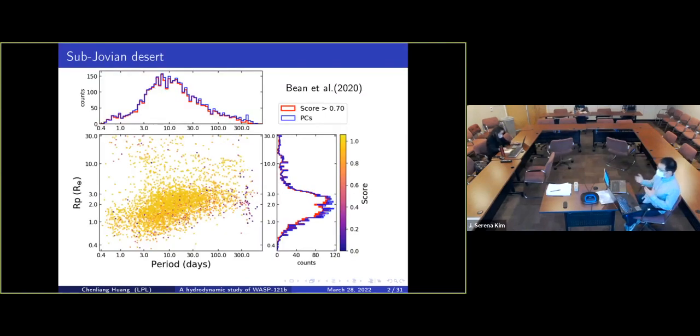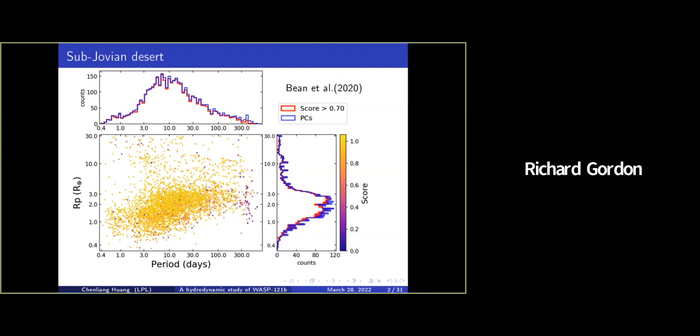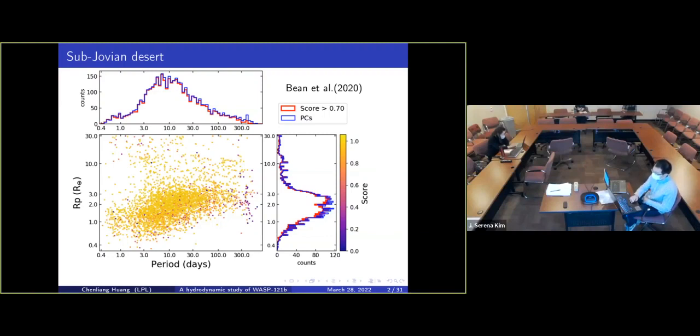So probably you all heard that the NASA archive just announced that they confirmed over 5,000 planets last week. People use this database to make a population diagram like this, the size of the planet over the period. There are several features on this.